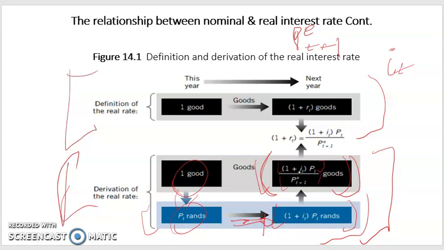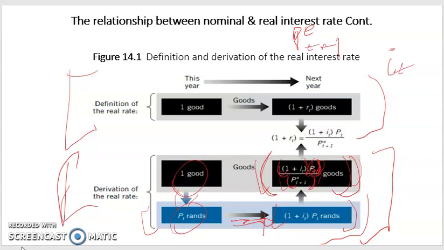In essence, this says the real interest rate is the nominal interest rate paid next year, adjusted for price. How do we adjust for price? As we've shown here, we know this is the nominal amount to be repaid, but we need to adjust for the change in price.